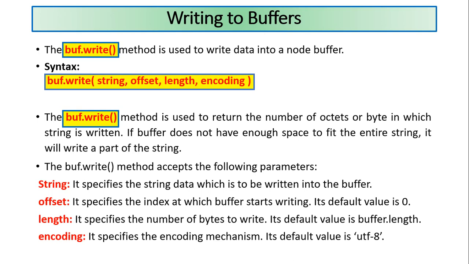The third parameter in this write function specifies the number of bytes to write, and its default value is buffer.length. And the last parameter is encoding. It specifies the encoding mechanism, and its default value is UTF-8.